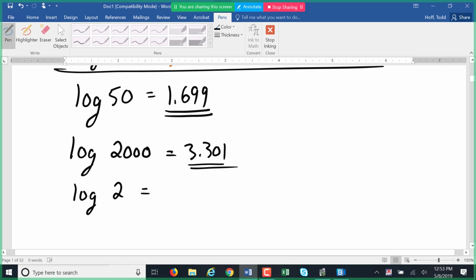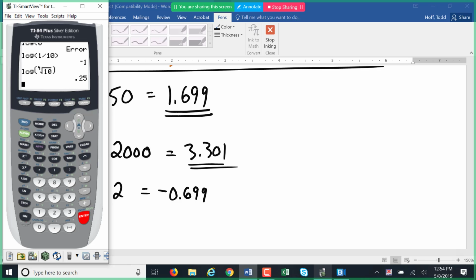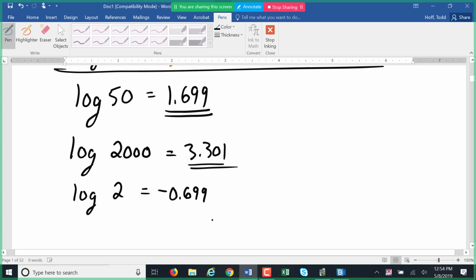Log base 10 of 2. Careful. I believe negative, oops, sorry, you are correct.